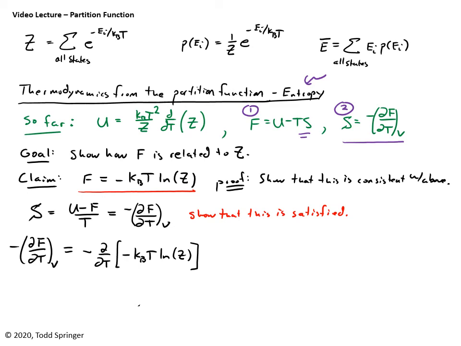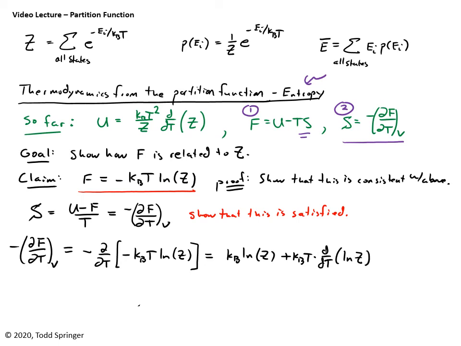The minus signs cancel out, and I've got two terms from a product rule. The first term in the product rule is the derivative of T, so I get k_B natural log of Z. The second term in the product rule is plus k_B T times the derivative, d/dT, of log Z.